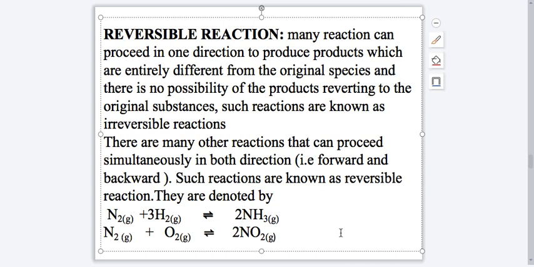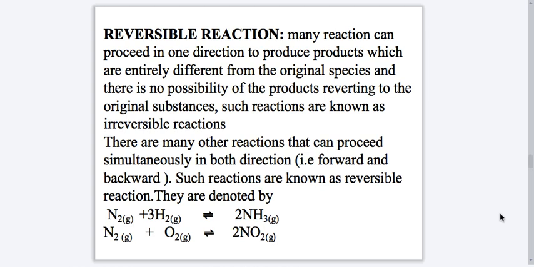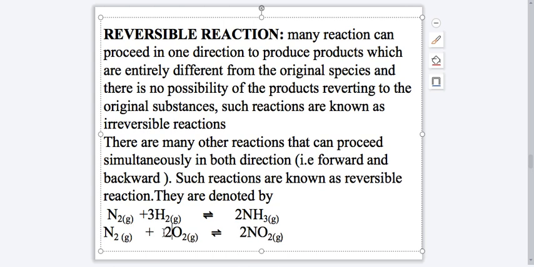to the reactant. The second example is nitrogen gas combined with oxygen to give 2 moles of nitrogen dioxide. That's what we have here. In this case, you are going to have 2 moles of oxygen here to balance this reaction. If you look at it now, the first reaction is balanced because you have 2 nitrogen at the reactant and 2 nitrogen at the product.